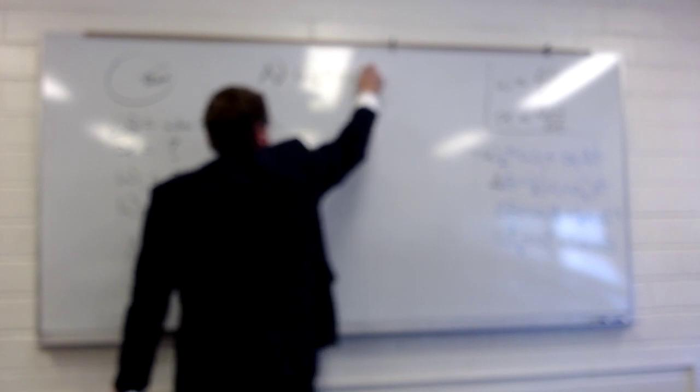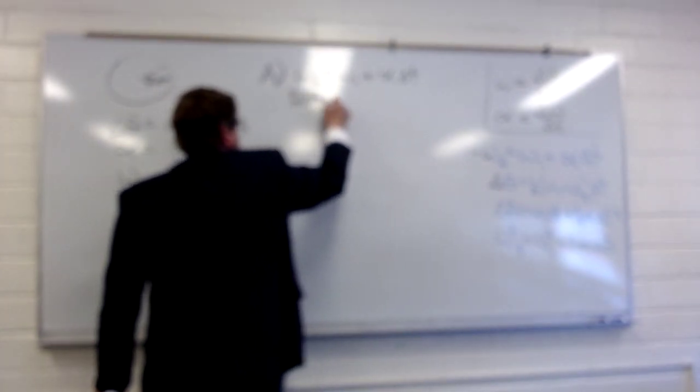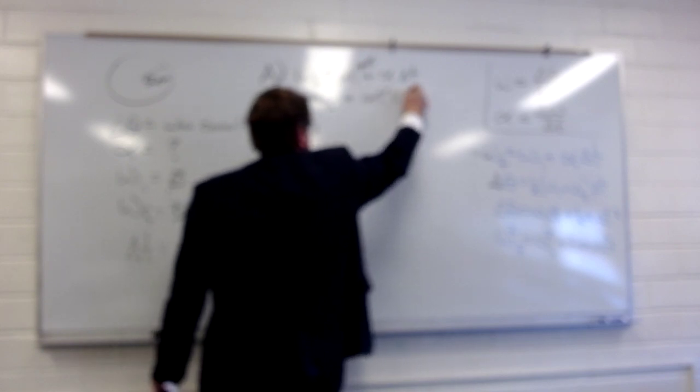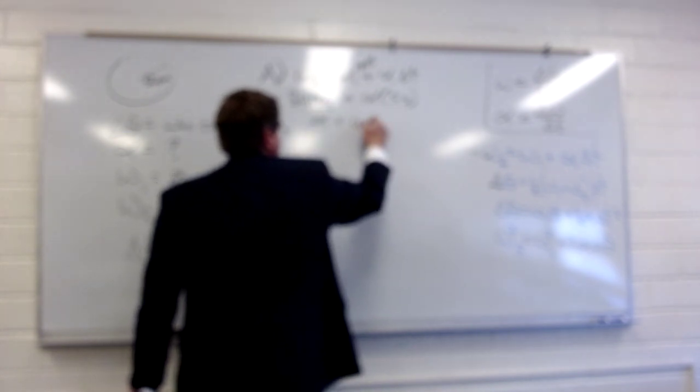So for A, I have omega final is equal to omega initial plus alpha delta t. This is going to be 30 radians per second is equal to, that's 0, so it's going to be alpha times 5 seconds. And that gives me an alpha of 30 divided by 5, or 6 radians per second squared.